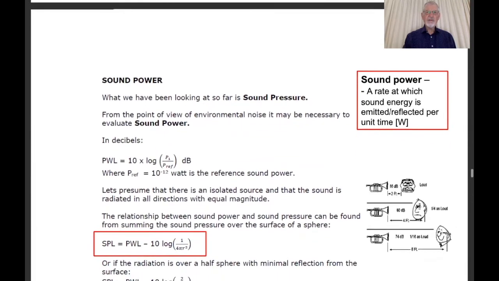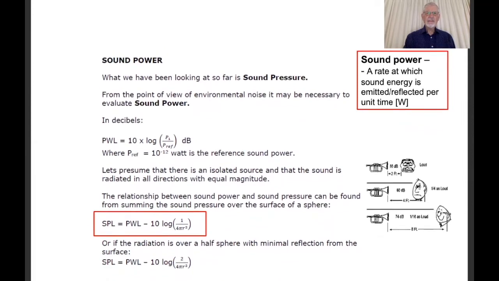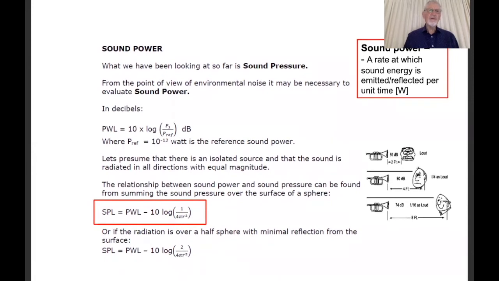Now we need to talk about sound power. If you're starting to do calculations based on, let's say, the noise emitted from an air conditioning fan on the outside of a house, you would start with the measurement or the determination of the sound power. Quite often you'll find that catalogues or the maker's specification will give you the sound power.